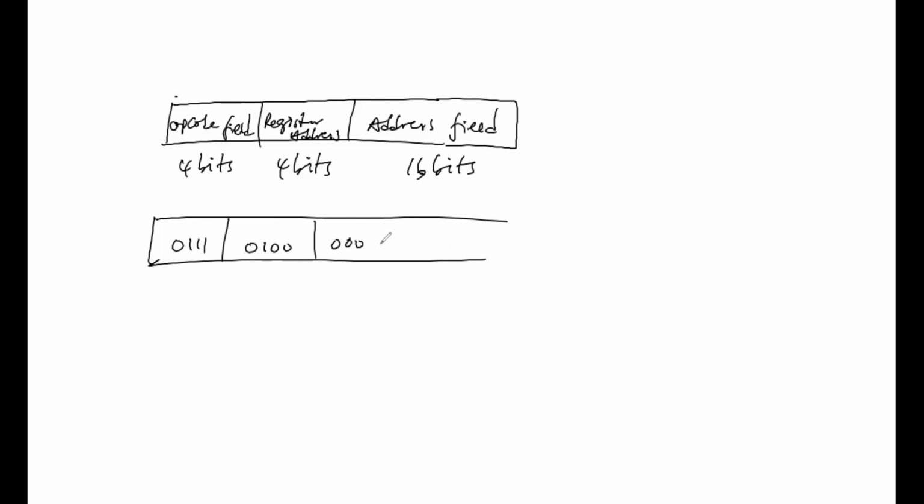I have 0000, 0011, 1111, for instance, okay? So this is 4 bits here for the opcode field, another 4 bits for the register address, then 16 bits for the address field.